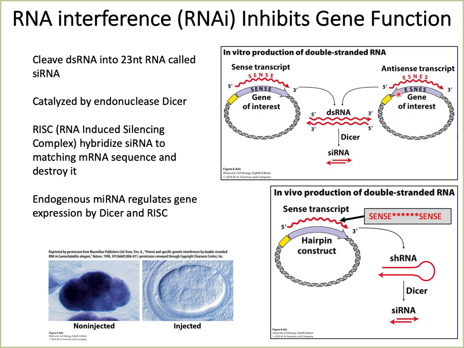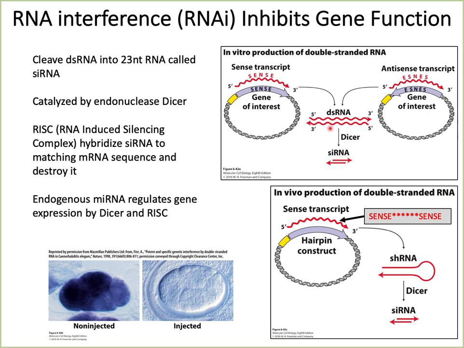Then you have another construct where the gene is backwards. So the sense is from the backwards, and this is basically the complementary strand. Here you are making only one strand, 5' to 3'. Here you are making the 5' to 3', but it's the complementary strand.